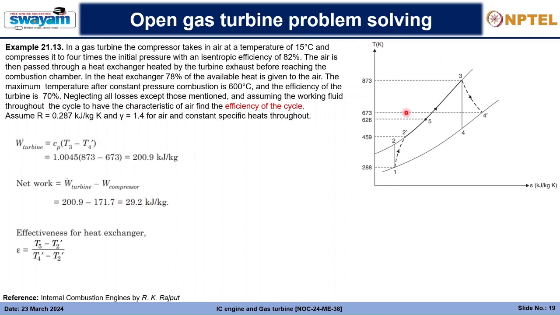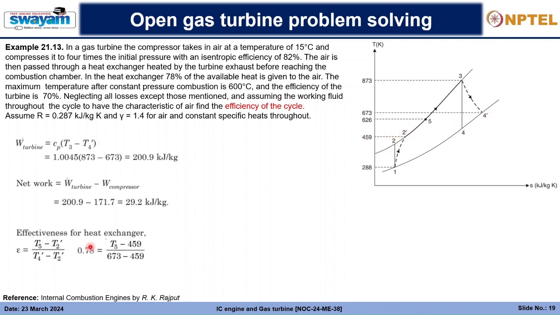Then we'll calculate the effectiveness of the heat exchanger. So we are given the effectiveness, we need to calculate the value of T5 in order to see how much is the heat supplied, that is T3 minus T5. For that, we use the value of effectiveness, that is (T5 minus T2 dash) divided by (T4 dash minus T2 dash), so we know the value of T4 dash and T2 dash.